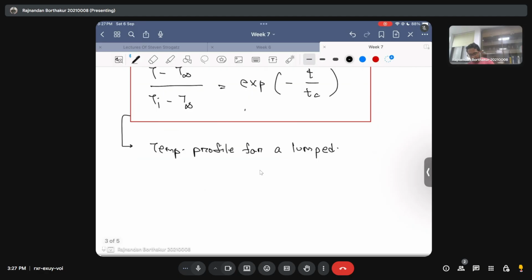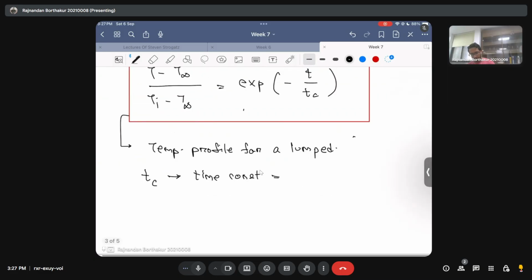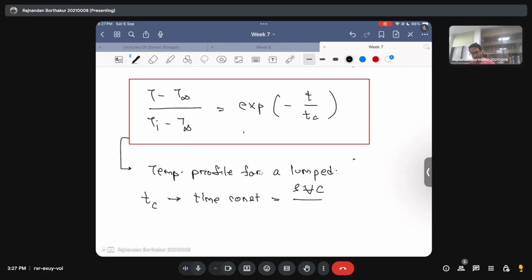where this tau c is known as the time constant, as we have already witnessed, and it has the expression rho times the volume times C by h times the surface area of the body A_s. This is known as the time constant.